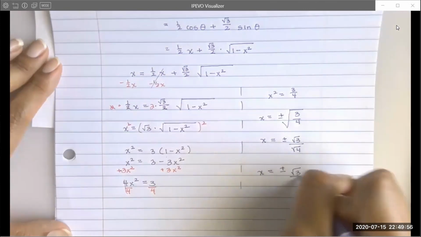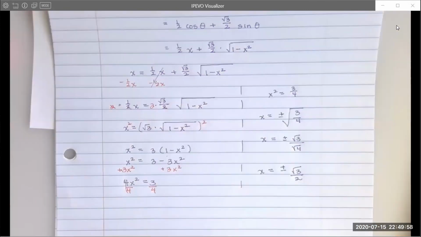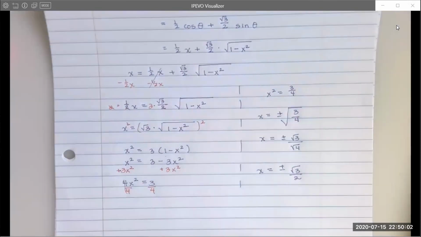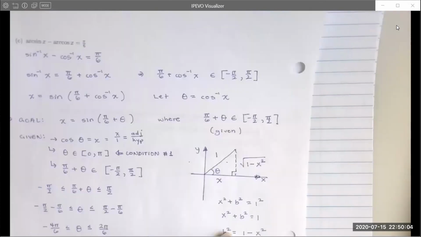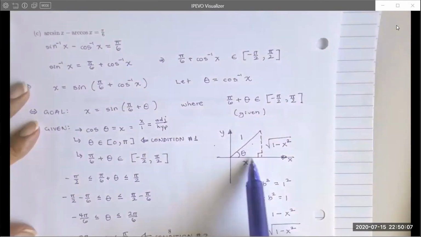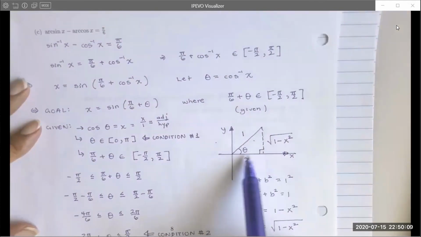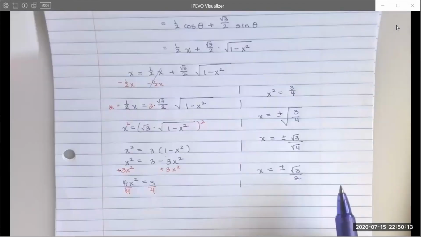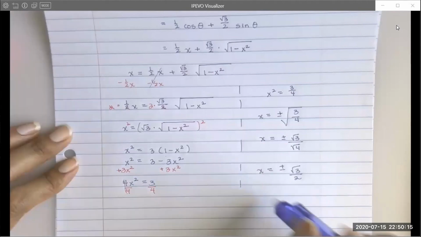Okay. Now notice, because we drew this diagram, we already know that not both of the answers are going to be true solutions. X is supposed to be positive because it is on the positive x-axis. So we're only going to keep the positive answer.